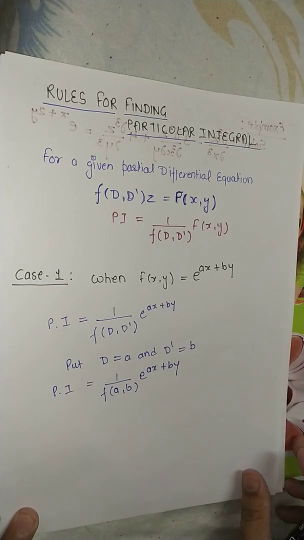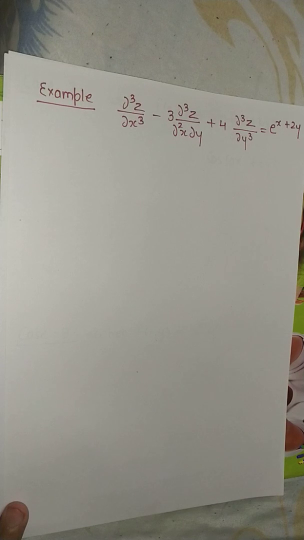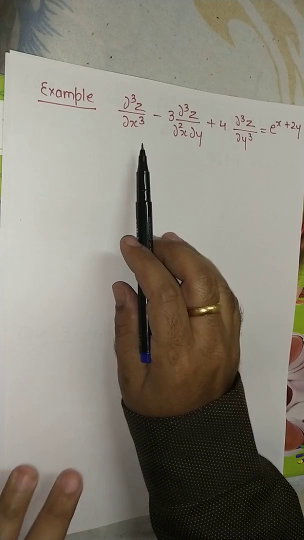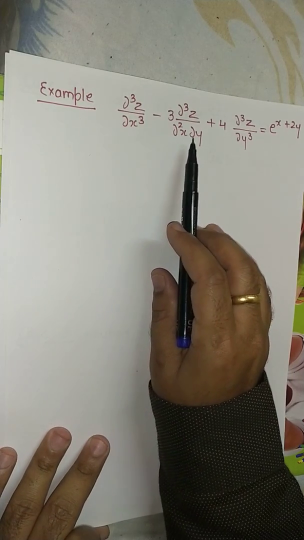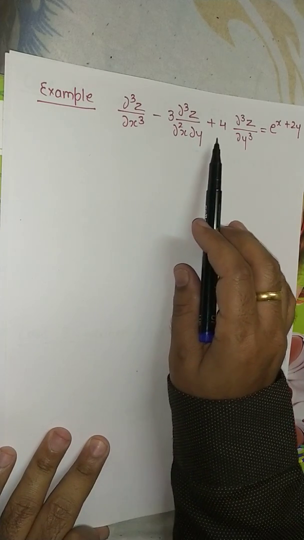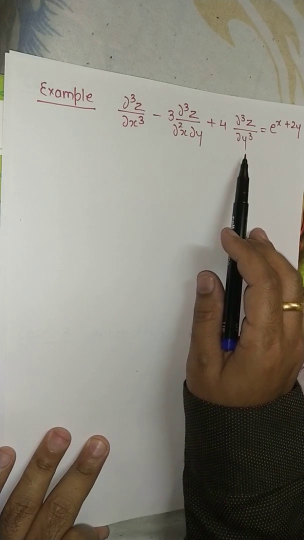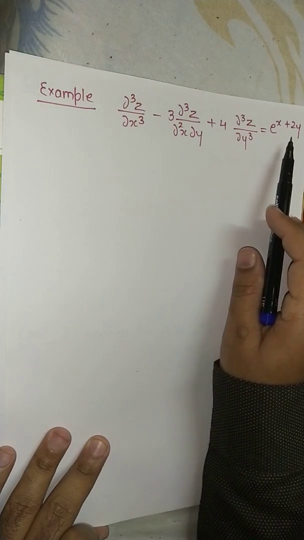Let's see an example on this. The question is del 3z upon del x cube minus 3 del 3z upon del square x del y plus 4 del 3z upon del y cube is equal to e to the power x plus 2y.